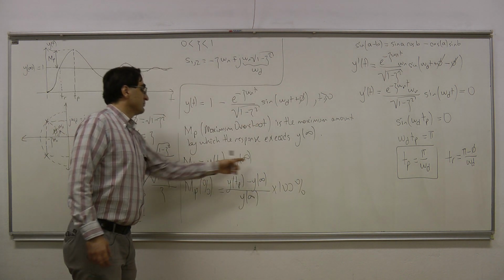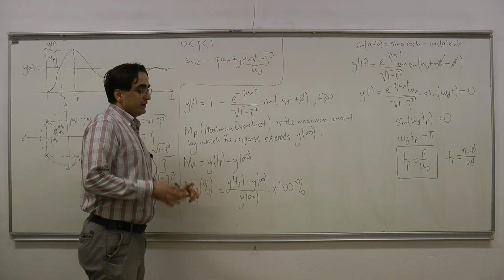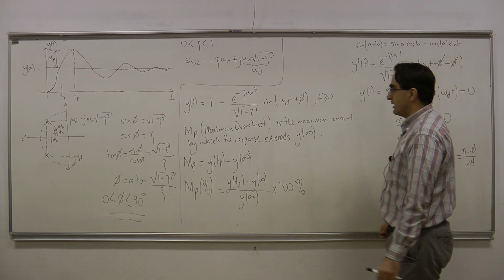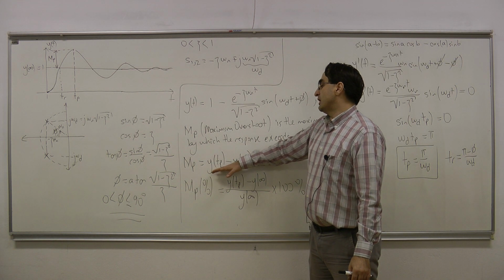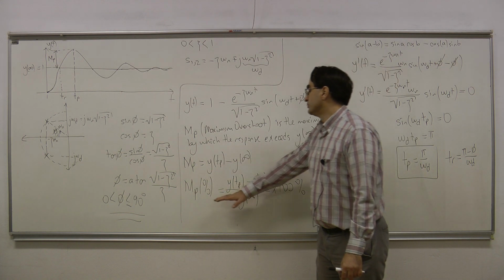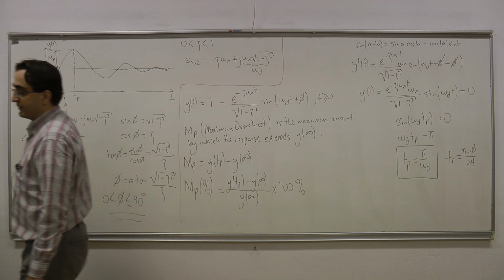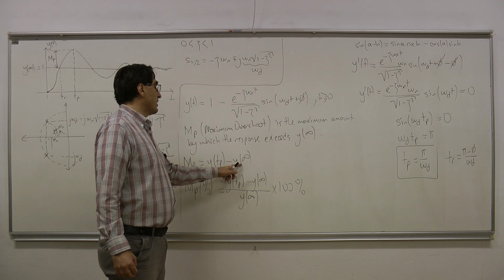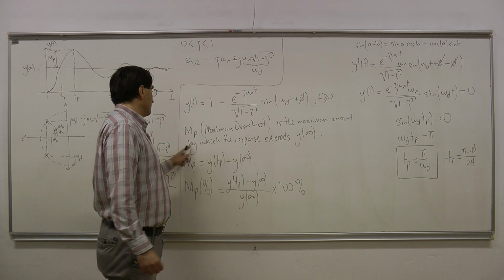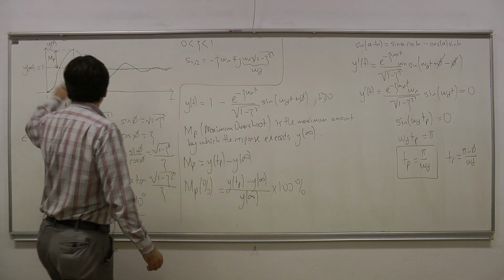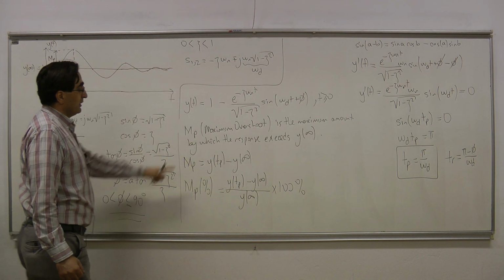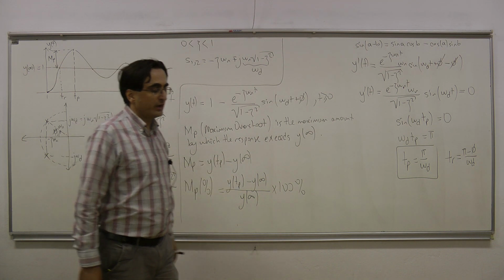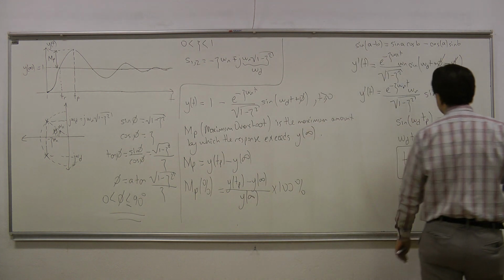So this is the usual formula that we are going to use, because in general we won't know directly if the response is going to be converging to 1 or not. Therefore, we generally do not use the absolute overshoot, but we use the percent overshoot definition. And the good thing is that the formula that we find for MP when y infinity is equal to 1 is also going to be the formula for the percent overshoot.